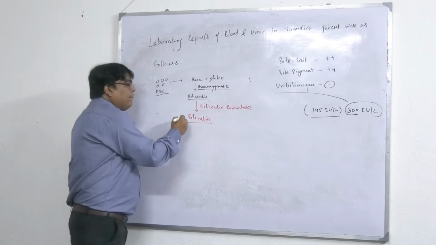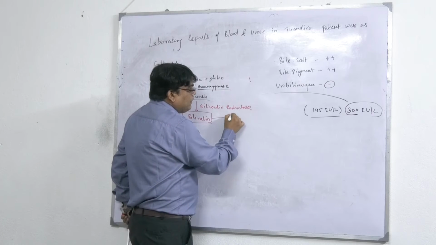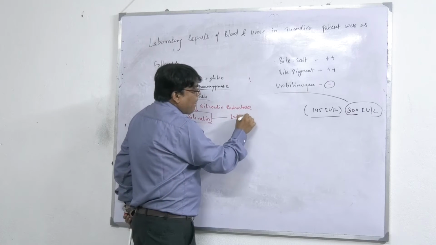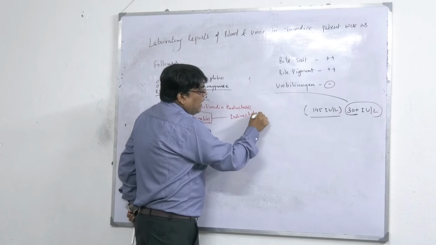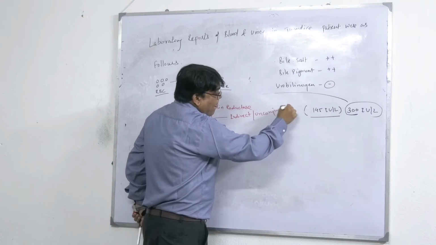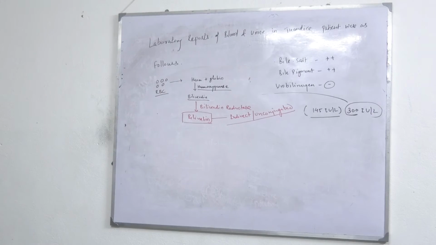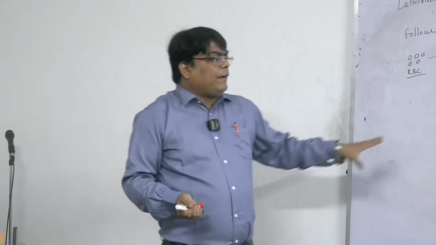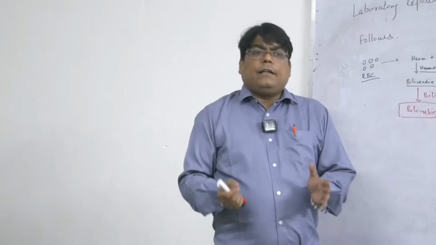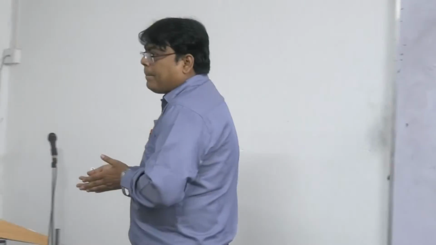Bilirubin, this we call here as indirect or unconjugated bilirubin. If an examiner asks what is the meaning of indirect, what is the meaning of unconjugated, you clearly say bilirubin alone, not combined with other things.